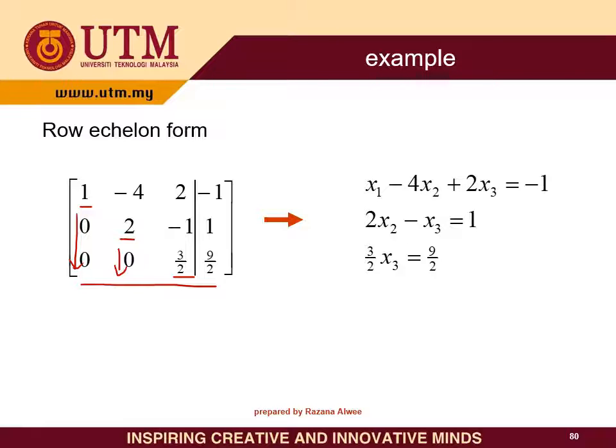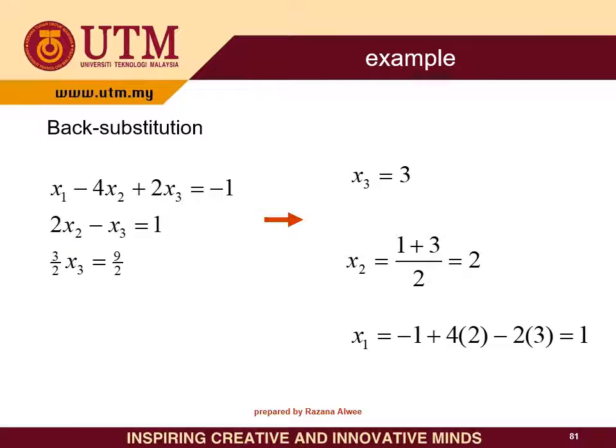So we can change this to equations. 1 here becomes just x1, negative 4 x2, 2 x3; 0 we have nothing here, so 2 x2 minus x3; and this one we don't have x1 and x2, we have x3, so it equals 9/2. Once we have equations like this, we can do back substitution to get all the answers.